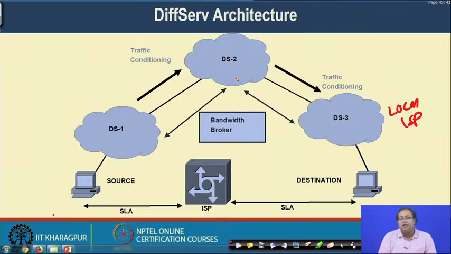In that case, it will not be able to provide that end-to-end quality of service. So, now we are giving the flexibility at the ISP level that individual ISPs can ensure the quality of service associated peering with the neighbors and can take the decision accordingly. That is the task of the bandwidth broker, which sets up this kind of peering relationship.